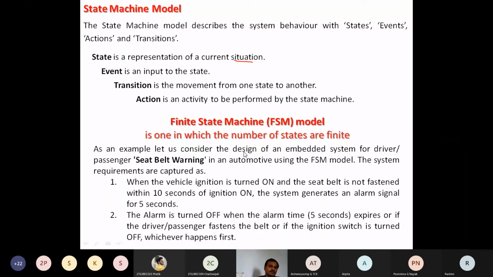Based on this, I'm going to explain this one. After explaining this concept, I'm going to give a task. I'm going to release one Google form. There you need to choose one task and design that state machine.